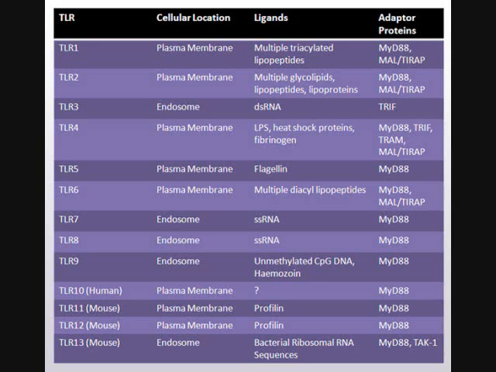Three factors, IRF 3, 5, and 7, function as direct transducers of virus-mediated TLR signaling. TLR3 and 4 activate IRF3 and 7, while TLR 7 and 8 activate IRF 5 and 7.